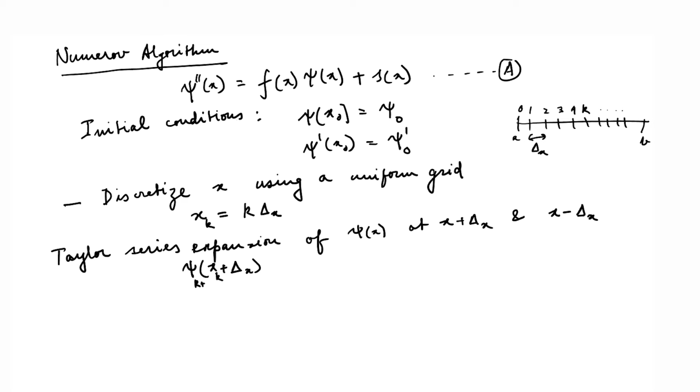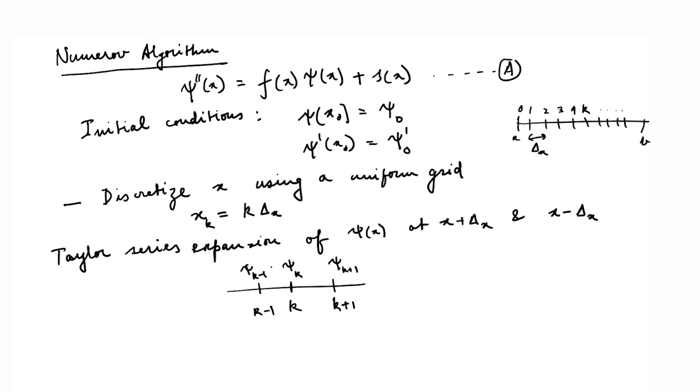Let me just write it a bit more carefully. The idea is this is my k, this is k minus 1 and this is k plus 1. I know the wave function here as psi k, and this is psi k plus 1 and this is psi k minus 1.